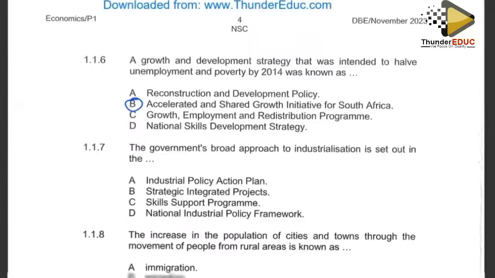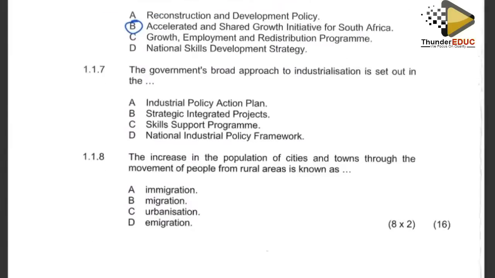Okay, right. So now moving on to the next question, grade 12, we have 1.1.7, of which this 1.1.7 reads as follows. The government's broad approach to industrialization is set out in the dash. So if you still remember, grade 12, I always tell you that you must go through the set of options given before you choose your appropriate answer.